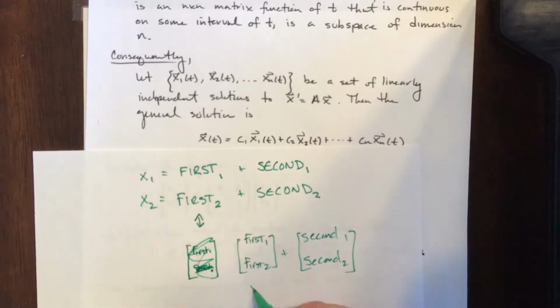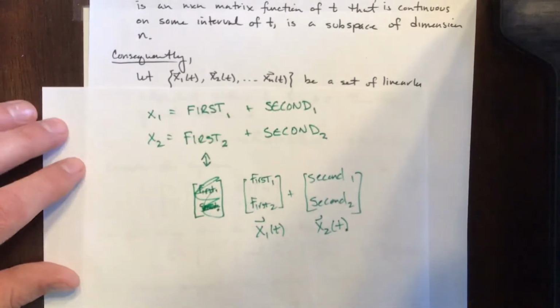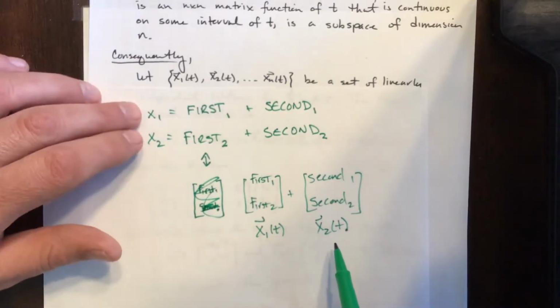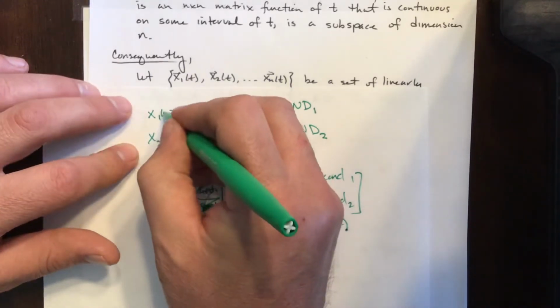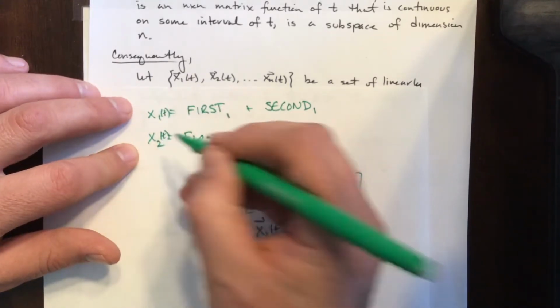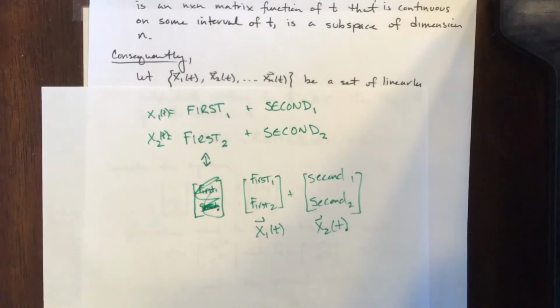And this is the vector x1 of t. This is the vector x2 of t, which is different. These things right here are different than x1 of t and x2 of t. This is the notation that you're seeing in the book, so it's not my notation. It's somewhat confusing, and I apologize for that, but I didn't have a vote in this.